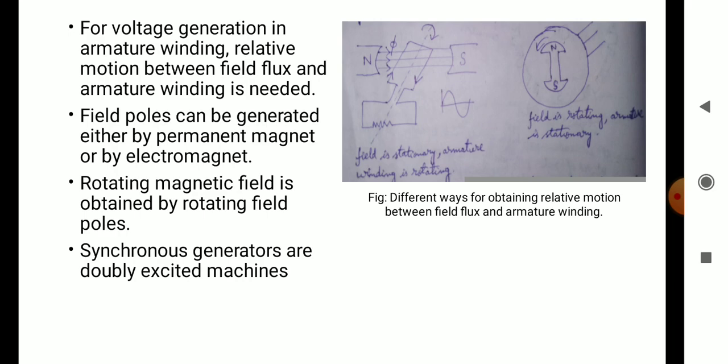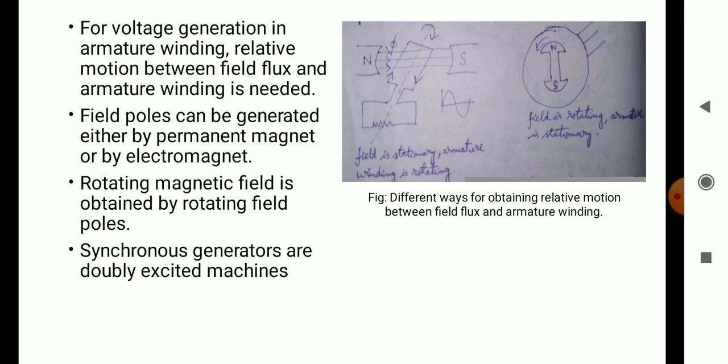For producing the relative motion between field flux and armature winding, there are two options. One option is the field is stationary and the armature winding is rotating, and the second option is the field is rotating and the armature is stationary. In DC generators, we use the option of a stationary field and rotating armature winding, but in a DC generator we use commutators connected to the armature conductor.